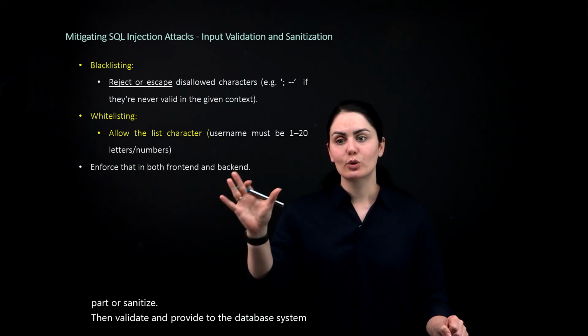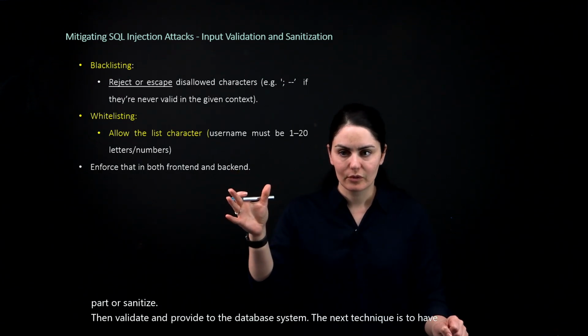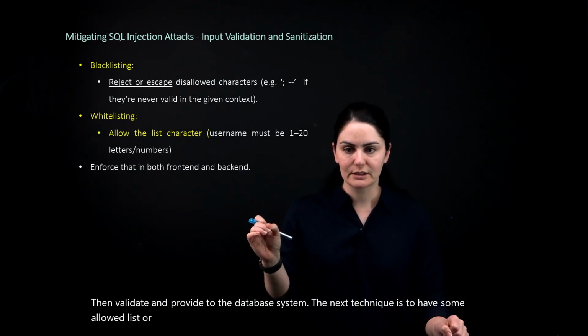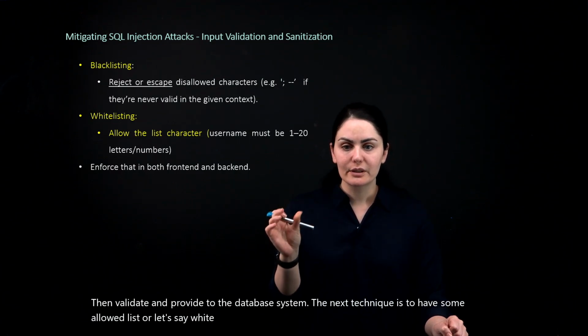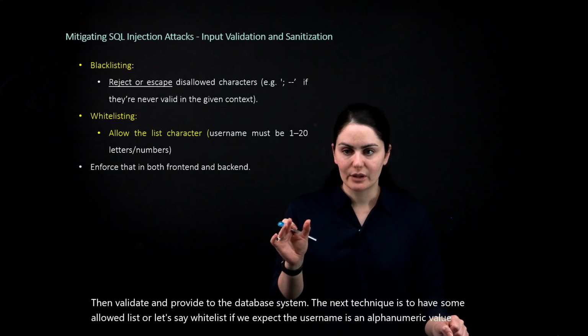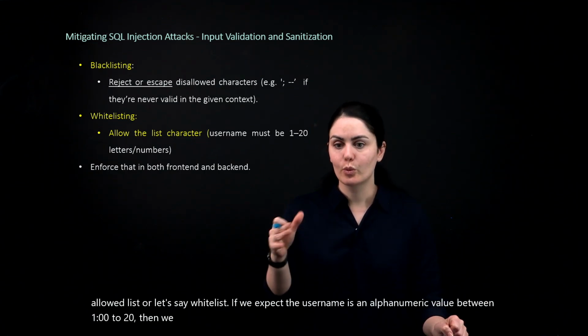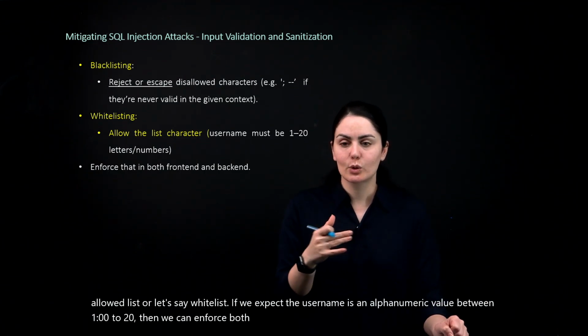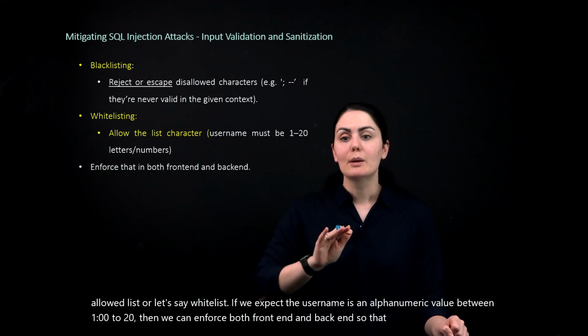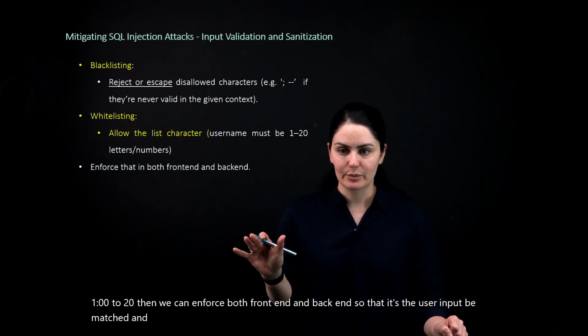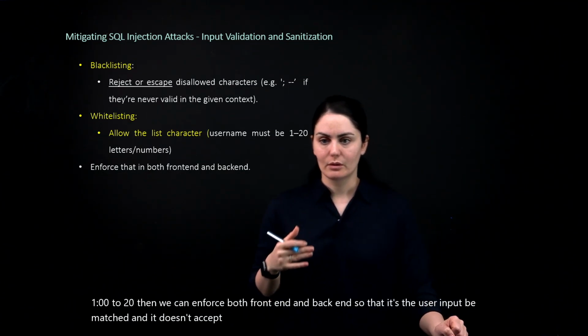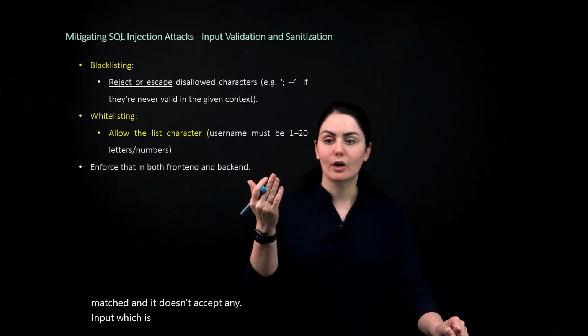The next technique is to have some allowed list, or let's say whitelist. If we expect the username is an alphanumeric value between 1 to 20, then we can enforce both front end and back end so that the user input is matched and it doesn't accept any input which is not aligned with our policy.